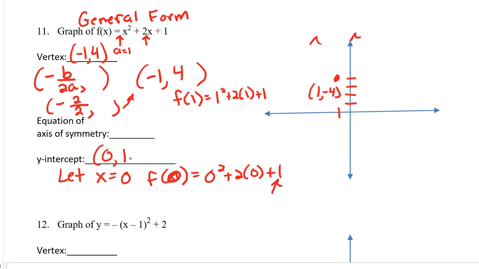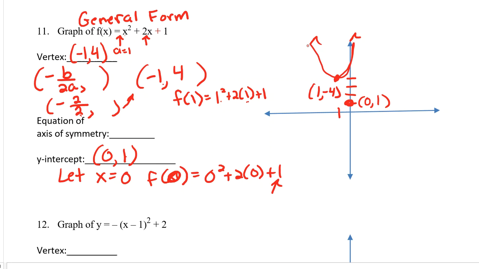I think I have a sign error. I'm going to double check. Did I put -1 into the function up here? So how did I catch my mistake? I caught my mistake because I got a y-intercept down here and a vertex up there. That doesn't work.